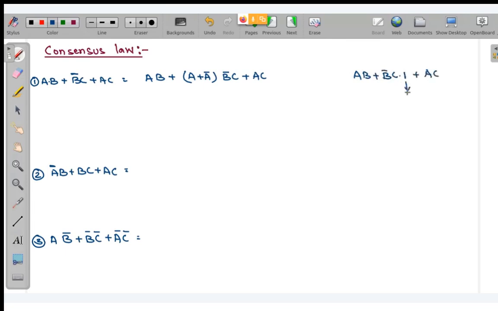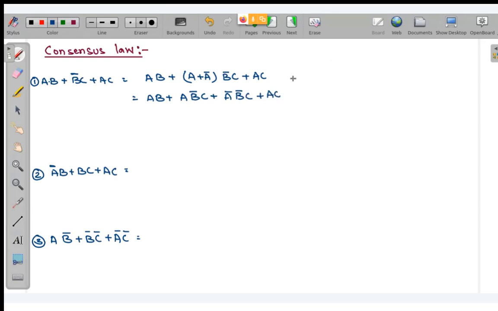So I have substituted 1 as A plus A bar, and I have written this over here. So now what am I going to do? Look very carefully. A B bar C plus A bar B bar C plus A C.